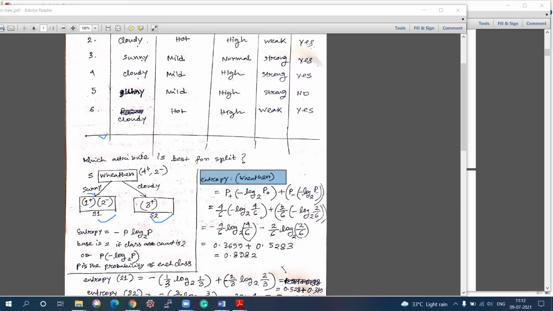That means the decision making is not so good if the uncertainty or the entropy is high. तो uncertainty कम होने से entropy भी कम होगा. The entropy will also be less. Entropy जब भी घटेगा, that means the decision making is quite certain.